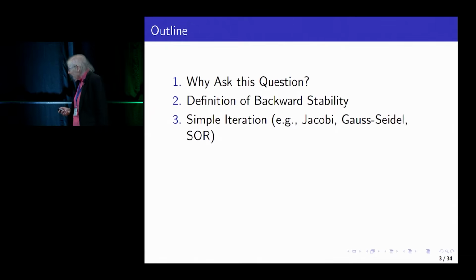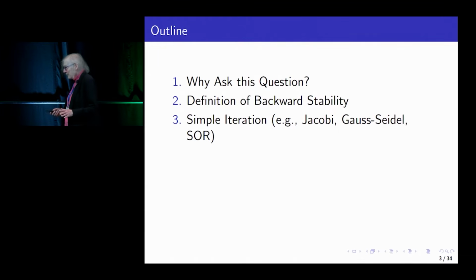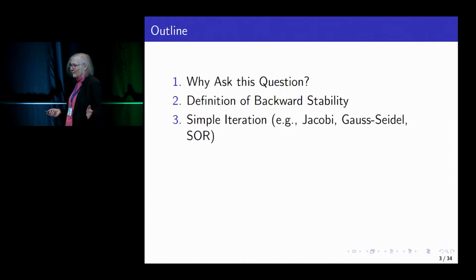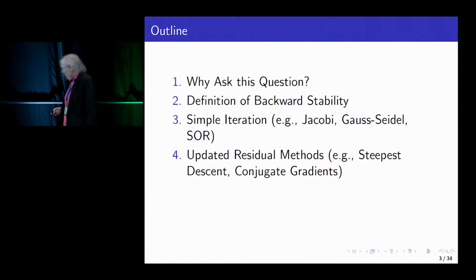Then I'll talk about what I call simple iteration. It goes by a lot of different names. It's sort of the simplest iterative method you can come up with. It's usually named based on what you use as the matrix splitting or preconditioner, the classical methods, Jacobi, Gauss-Seidel, SOR. And then I'll talk a little bit about updated residual methods. This would include a lot of things, actually.